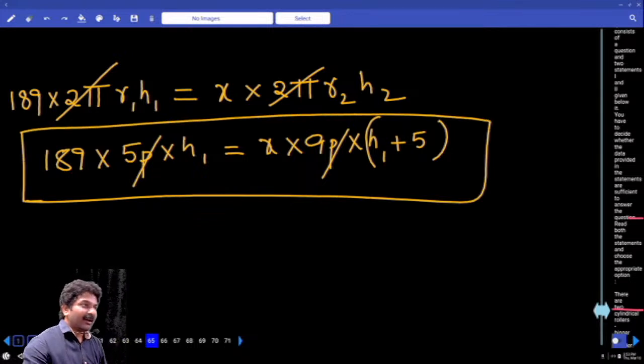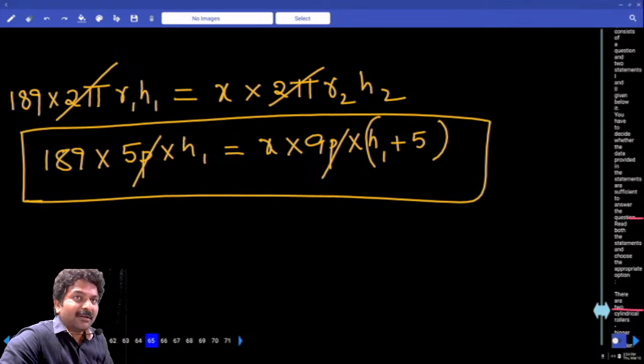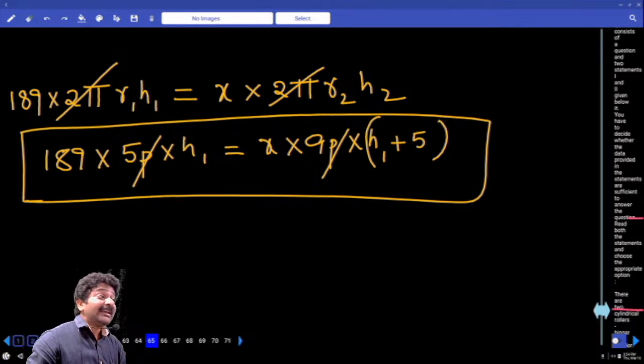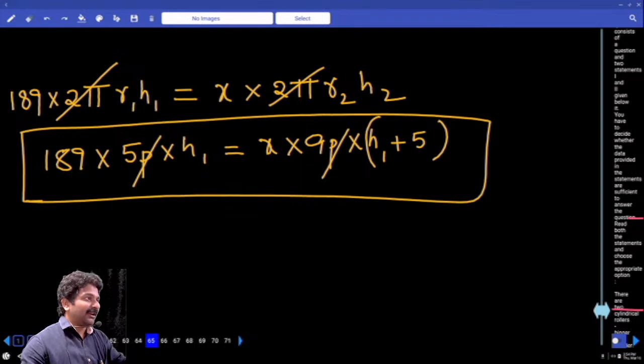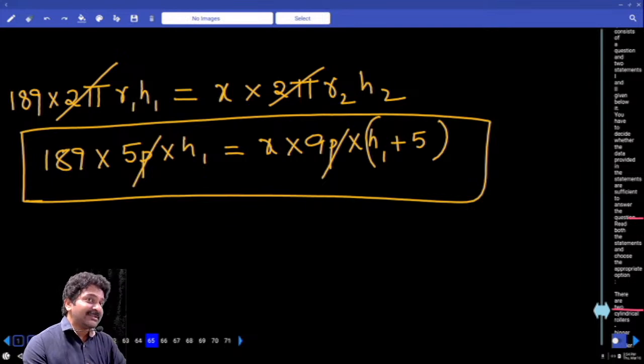2 equations. నాకు ఒకటి కనపడింది, మీకు కనపడింది రెండోది ఏదో చెప్పండి అమ్మా. How many equations are there? Only one. How many variables are there? What are they? X, H1. If you want to calculate X, you need to cancel H1 only. Can you cancel H1 here? By using one equation to solve, can you get 2 variable values here?